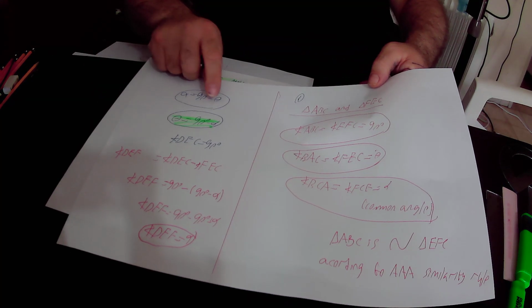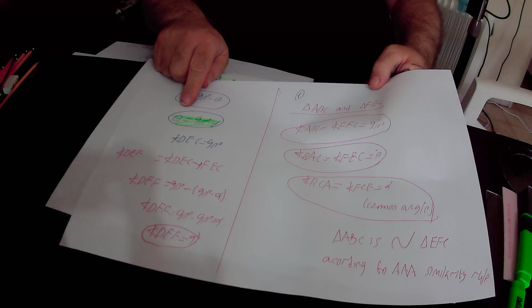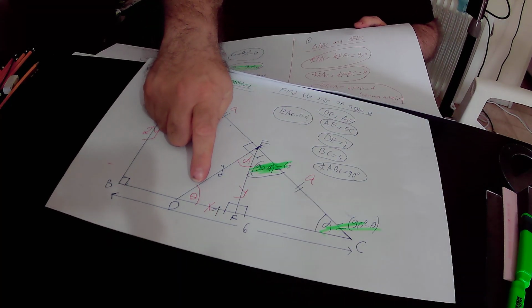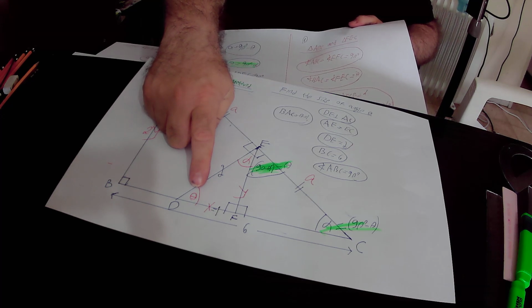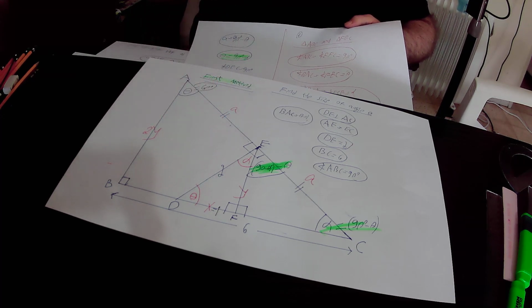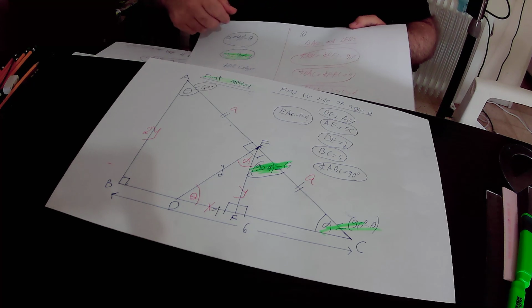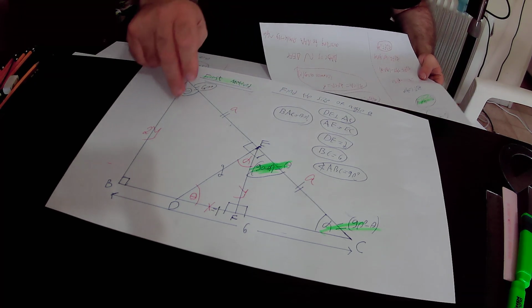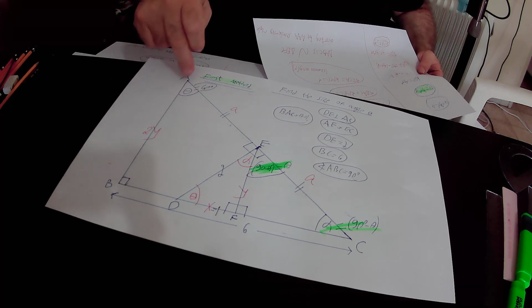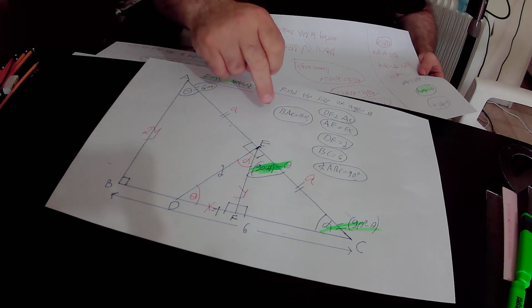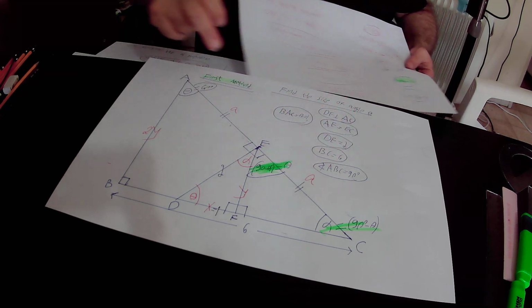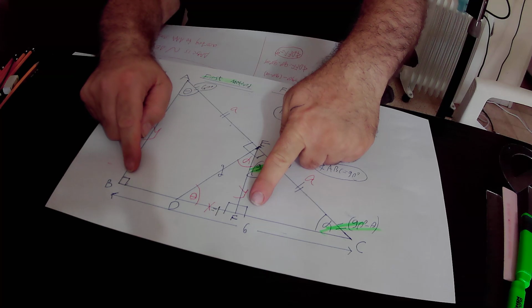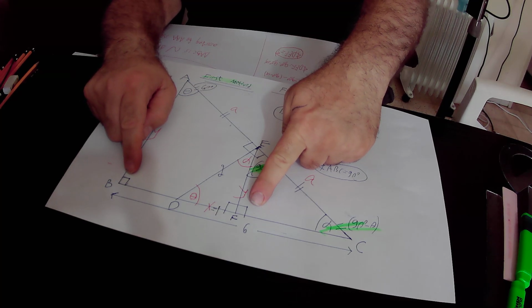But we have already found that 90 degrees minus alpha equals theta, so we can substitute 90 degrees minus alpha here by theta. We did it, and this angle equals theta. Okay? Then we proved that the right triangle ABC is similar to the right triangle FEC. Why are those two right triangles similar to each other? First of all, those two angles are equal to each other, they are both equal to 90 degrees.